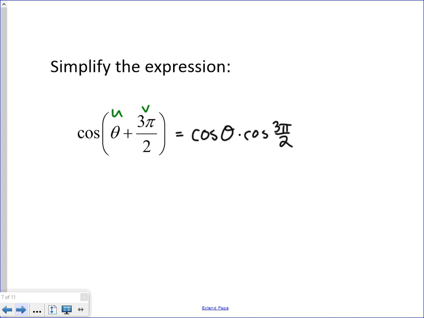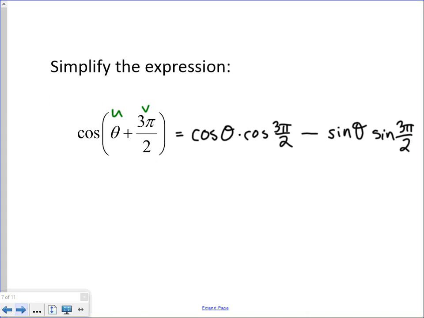And then what operation sign will we choose for a sum of angles? A minus. In cosine, yeah, a negative. It's the alternating sign because the left side says plus minus and the right side says minus plus. And then you do the product of the signs. Sine theta times sine 3 pi over 2.